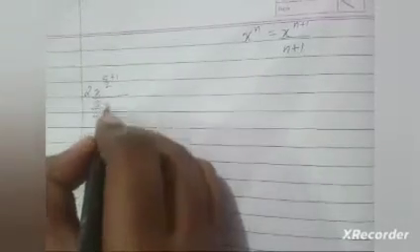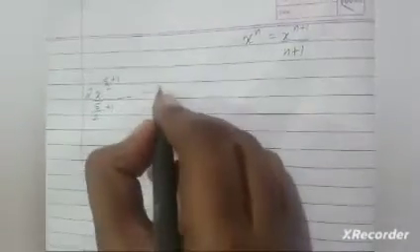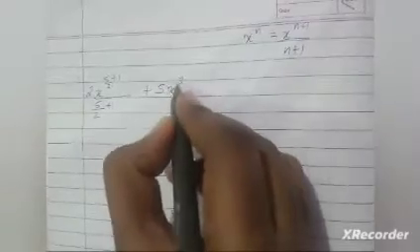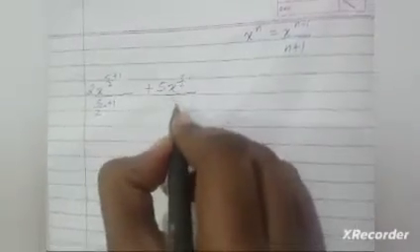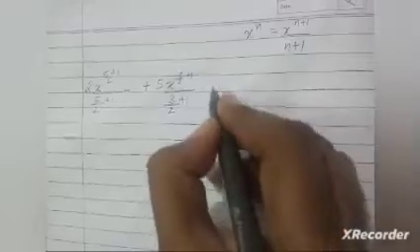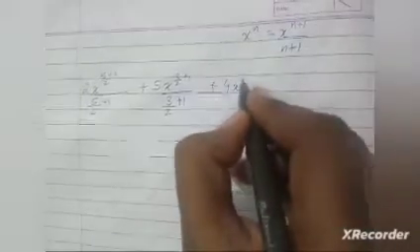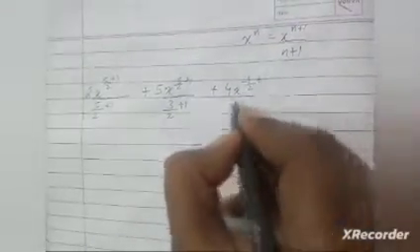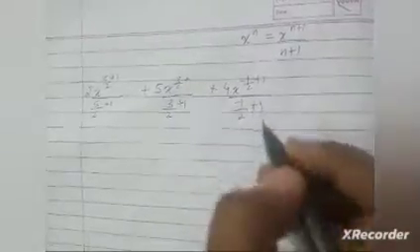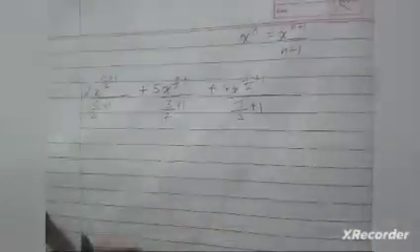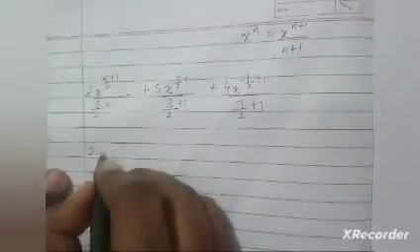We will integrate, that is 2 into x raised to 5 by 2 plus 1, same in the denominator, then plus 5 x raised to 3 by 2 plus 1 divided by 3 by 2 plus 1, plus 4 x raised to minus 1 by 2 plus 1 divided by minus 1 by 2 plus 1.